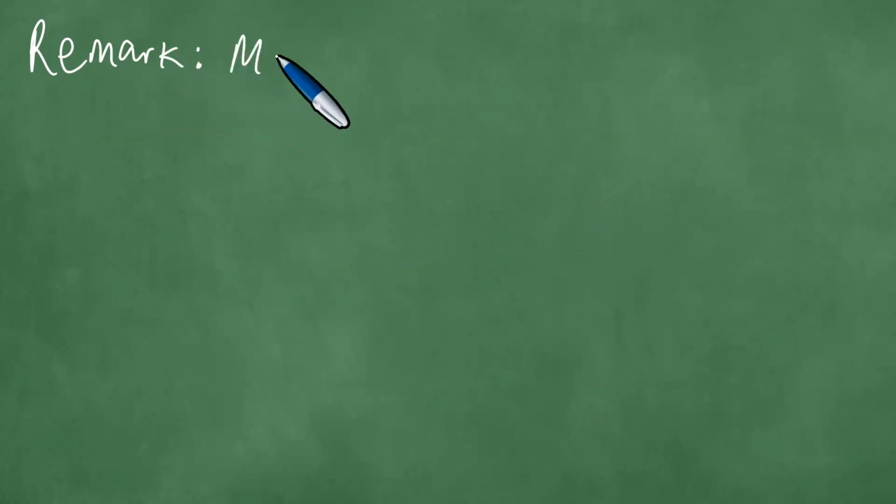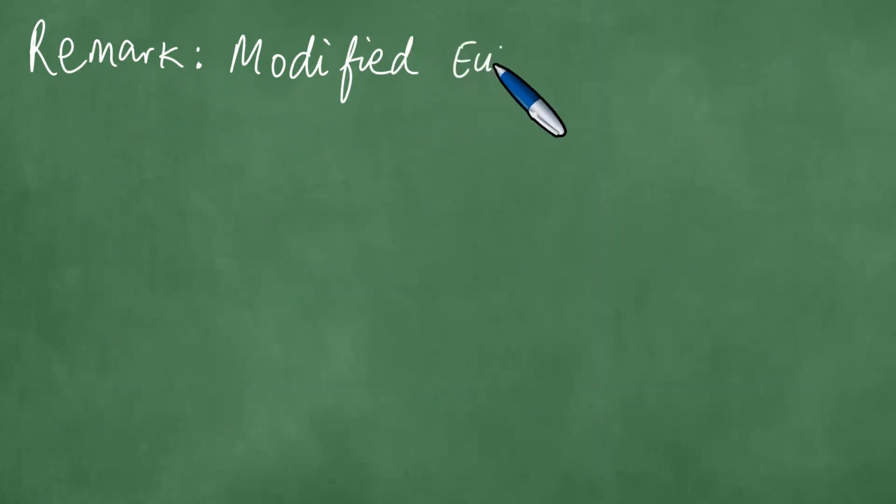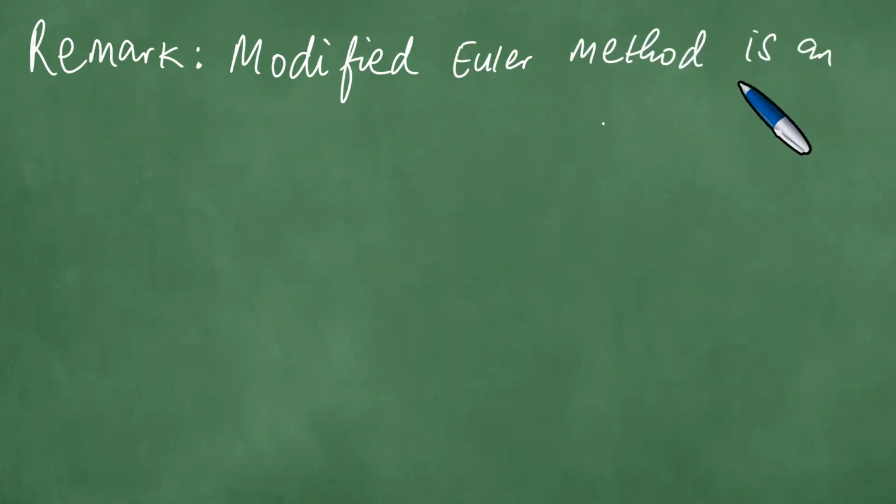So the notion of what we call the modified Euler method is an example. Okay, so we'll learn how these methods are related to each other.